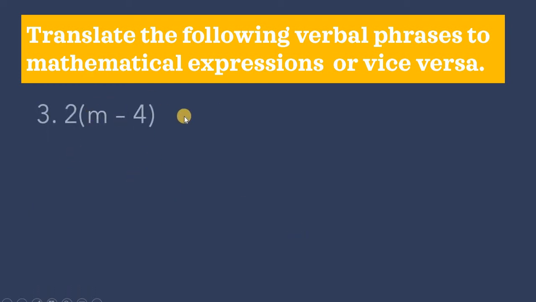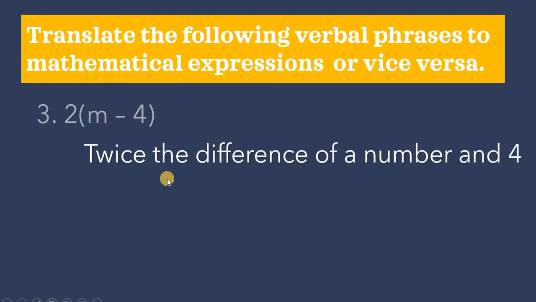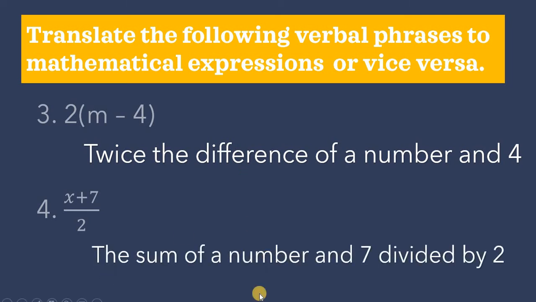How about this? That would be twice the difference of a number and 4. So, same siya dun sa isang example natin kanina. And how about this? So, ito ay division. Ano? So, this is the sum of a number and 7 divided by 2.